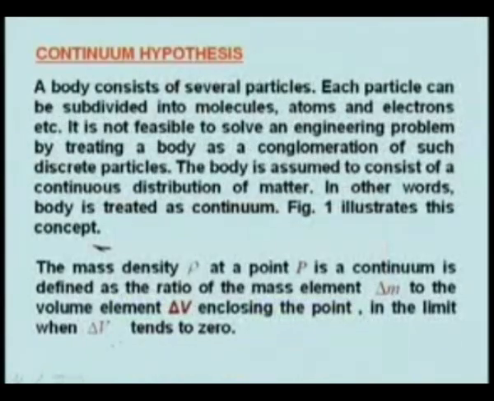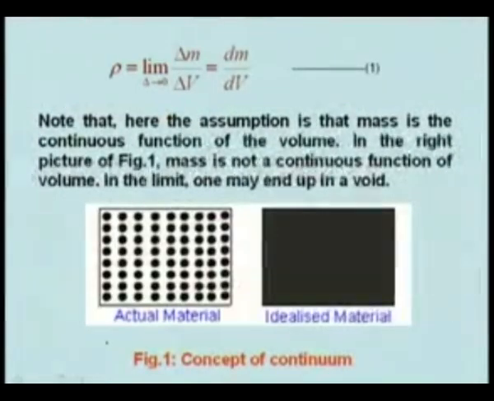Therefore, the mass density rho at a point P in a continuum is defined as the ratio of the mass element delta m to the volume element delta v enclosing the point, in the limit when delta v tends to 0. Then density rho becomes the limit as delta v tends to 0 of delta m by delta v, that is dm by dv. Here we have assumed that the mass is a continuous function of the volume.